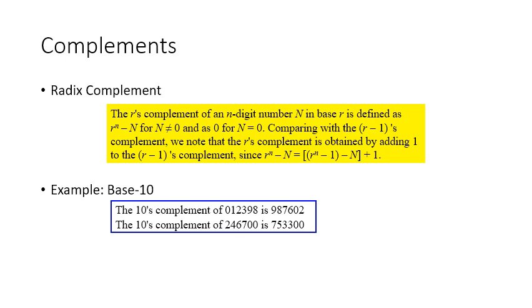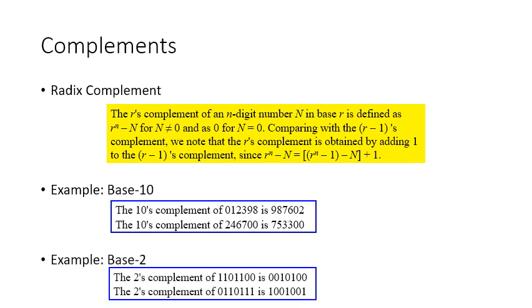So the 10's complement of this number is 10 raised to power 6 minus this number, and 10's complement is 10 raised to power 6 minus this number, which is this. Similarly, for 2's complement, you will subtract this number from the power of 2.